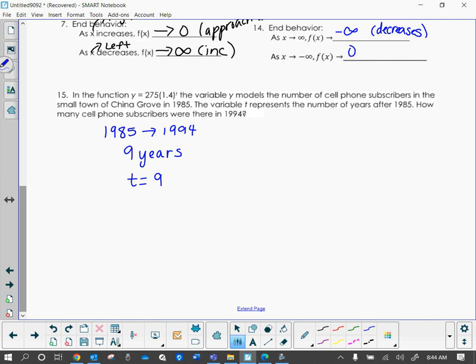So when you have this equation, y equals 275 times 1.4 to the t power, we're going to put in a 9 for t. And then you simply plug that into your calculator. You don't need to use the table function for this.